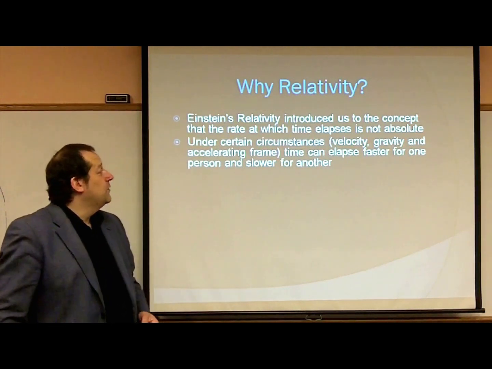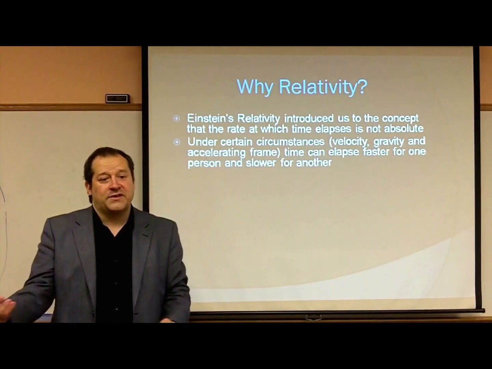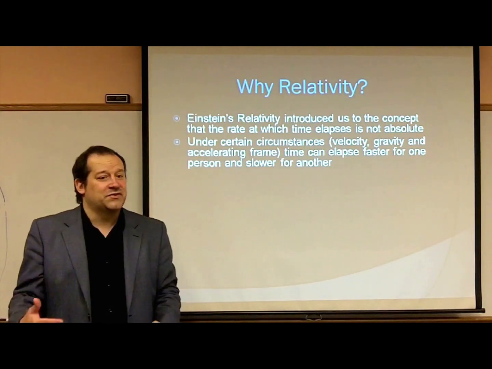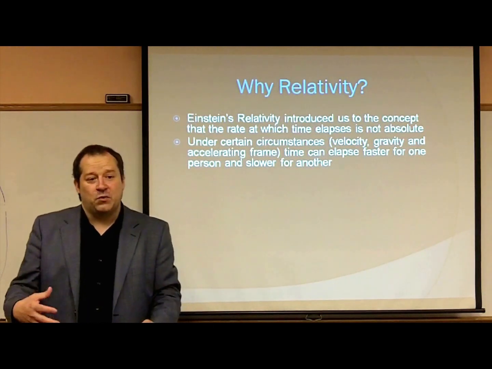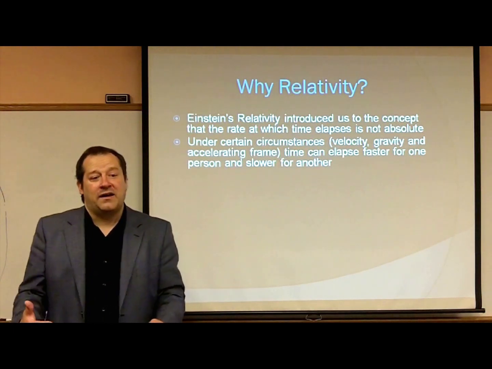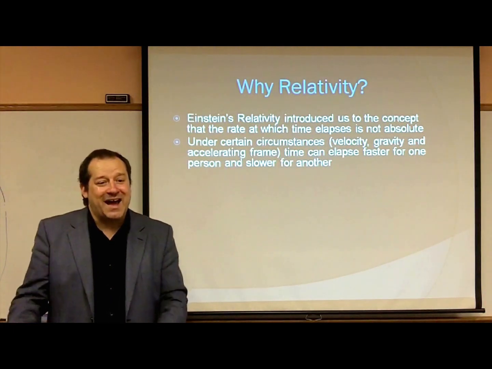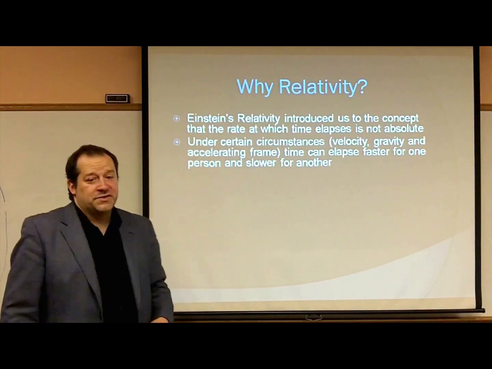And Einstein showed that under these extreme conditions, some clocks can actually run faster, some can run slower, and it's not because there's anything wrong with the clock, or because there's any property that changed within the clock itself. Einstein said that clock is just a measure of time, and time itself has actually sped up or slowed down based on inducing these conditions.